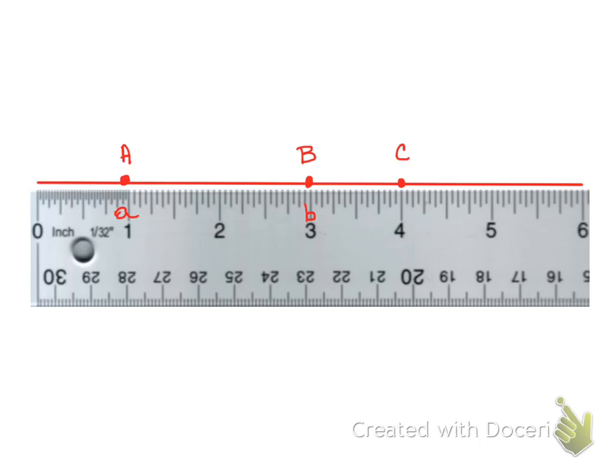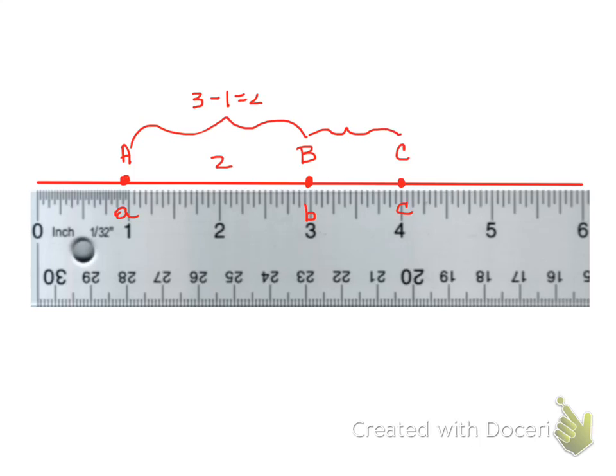Now what it's saying is positive number differences would represent distances. So if I wanted to find the distance between A and B, I would just take the difference between those. For these, that means taking 3 minus 1, and that tells me that the distance between these 2 points is 2.